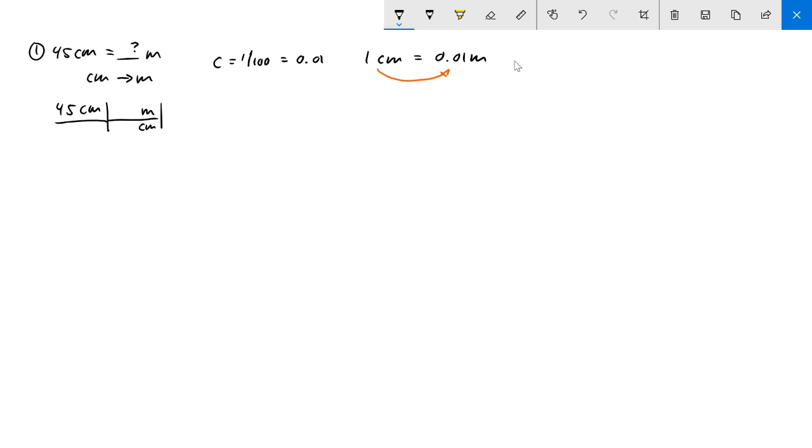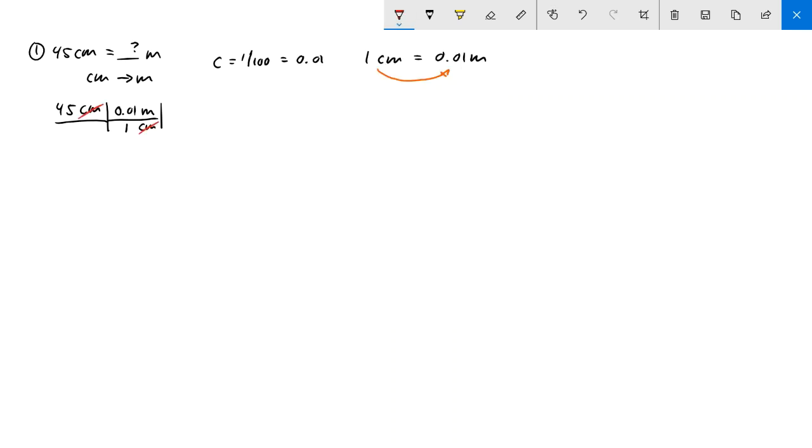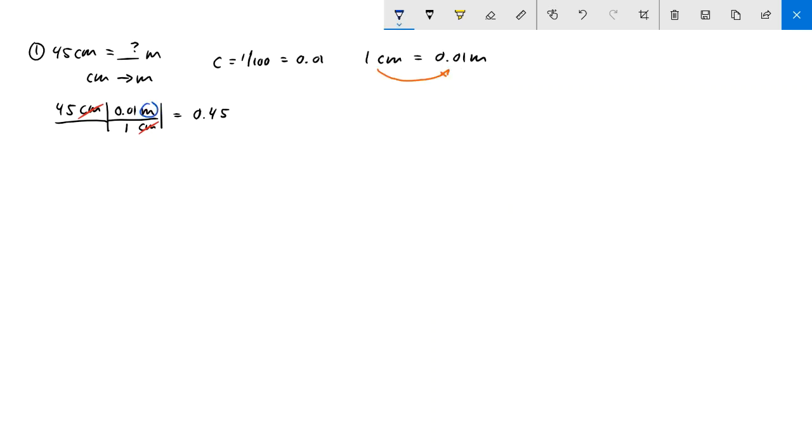There is a 1 in front of the centimeter, so I put a 1 here. And there's a 0.01 in front of the meters, so I put 0.01 here. And we can see that centimeters cancel. I multiply everything on the top, divide by the bottom, and I have 0.45. And if we look, the only thing that's remaining is meters. So our answer is 0.45 meters.